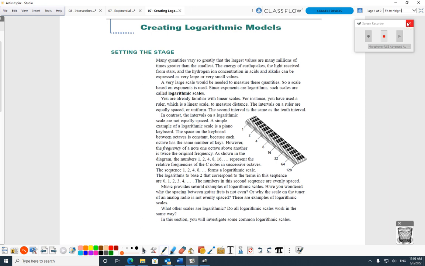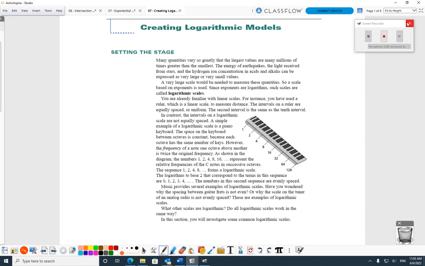The piano doesn't do what you think it does. That is, when you go from here to here on the piano and play a note that sounds the same, but just in a higher octave, it's actually doubled the frequency. And then you've doubled the frequency here. But they don't space it out like that, you see? Like this is 128 times the frequency, but it's only like this far away.